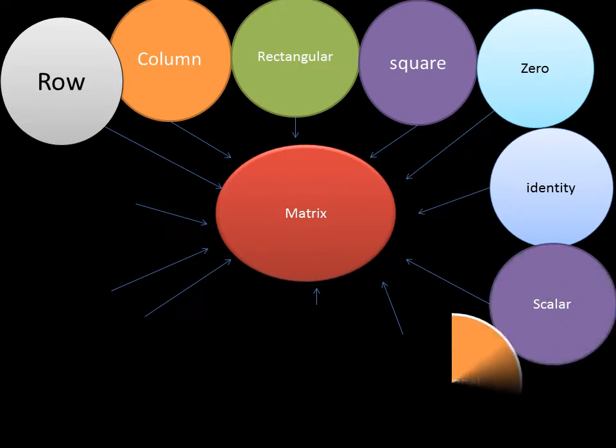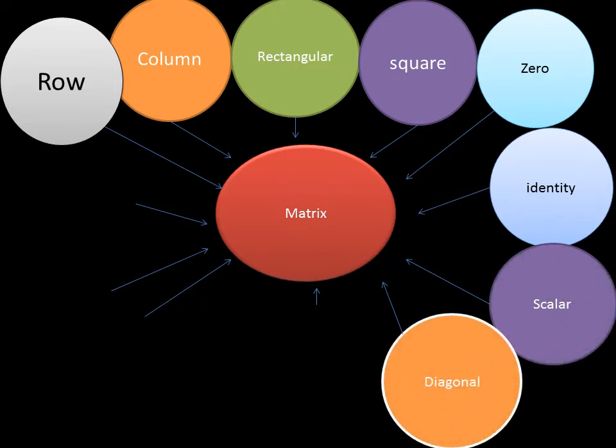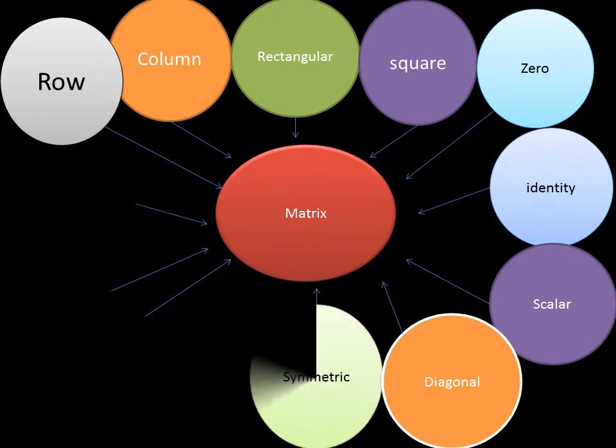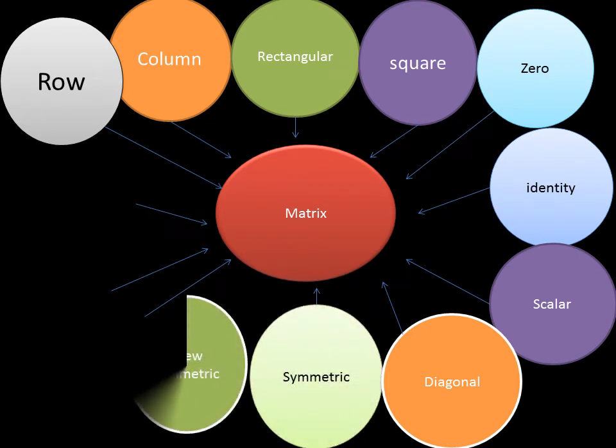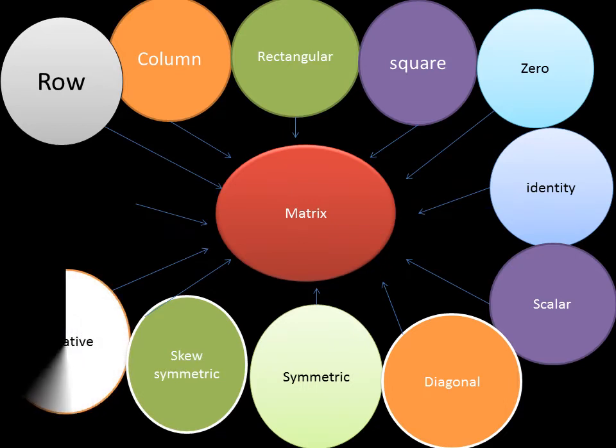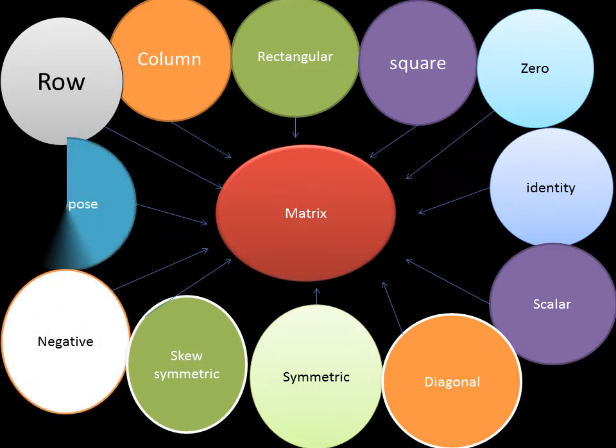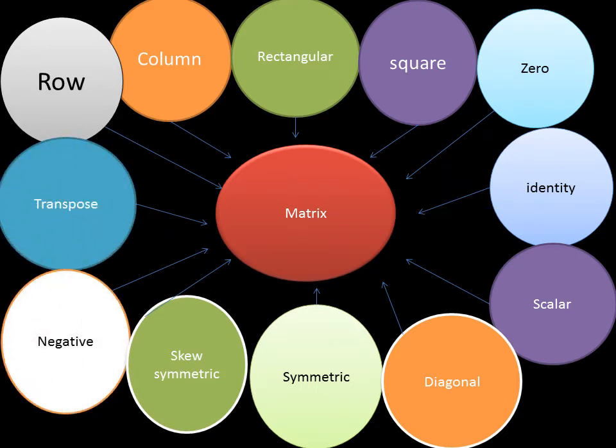Scalar matrix, diagonal matrix, symmetric matrix, skew symmetric matrix, negative of a matrix, and transpose of a matrix. These are 13 different types of matrices. Now we will discuss all these types one by one.